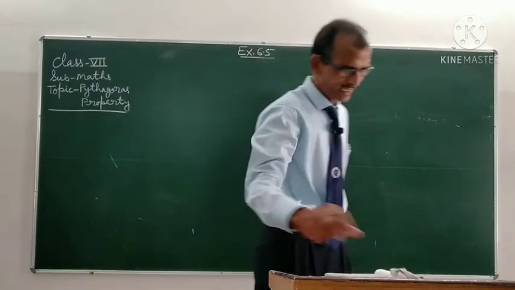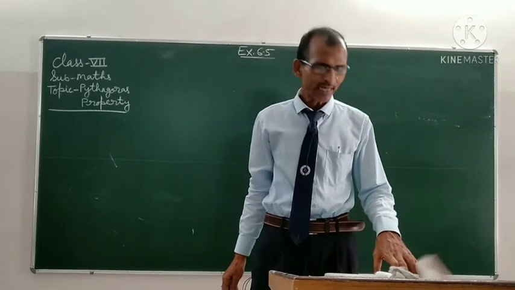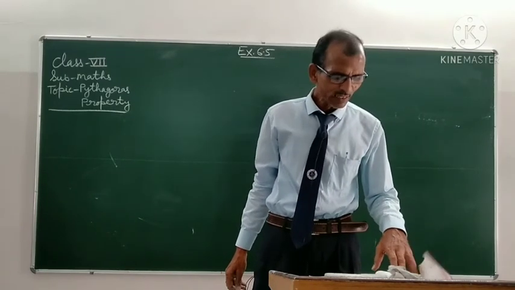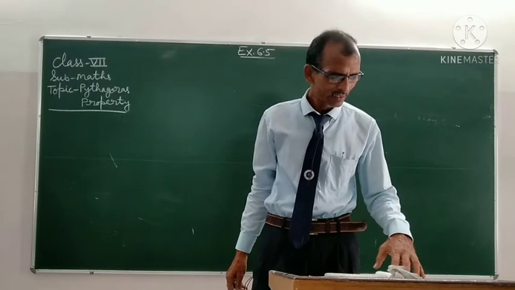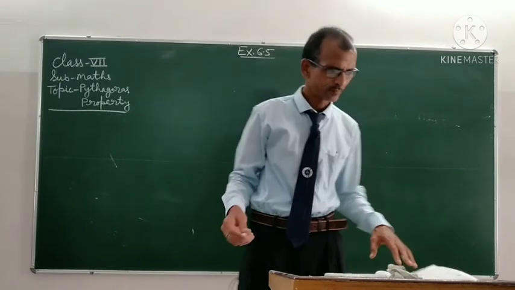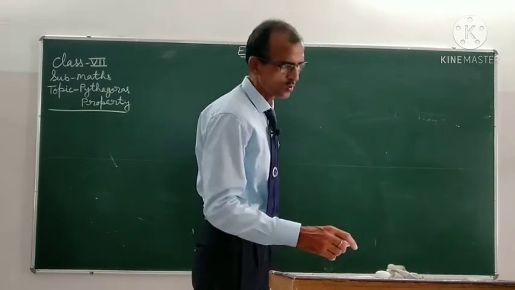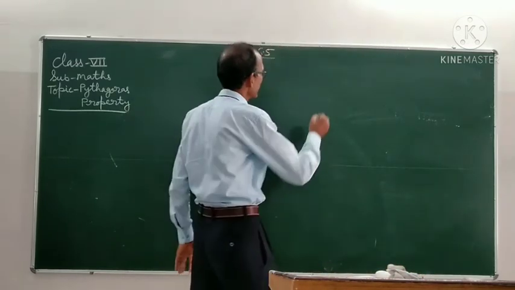Question number 6 is: angles Q and R of triangle PQR are 25 degree and 65 degree. Write which of the following is true.